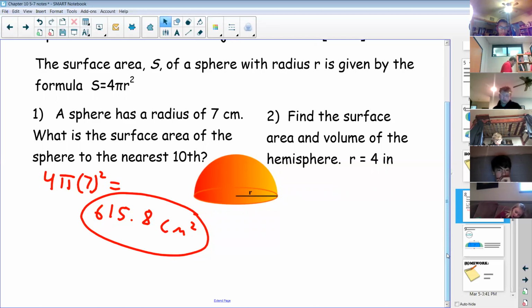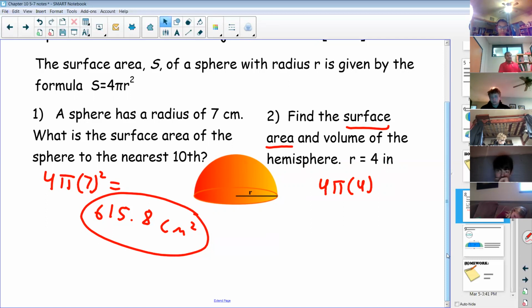All right, find the surface area and volume of a hemisphere. So we're looking for both surface area and volume. So we'll start with surface area. Well, hemisphere, that's half of a sphere. So we'll need to take our equation for a sphere, which is going to be 4 pi times our radius, which is 4 squared.